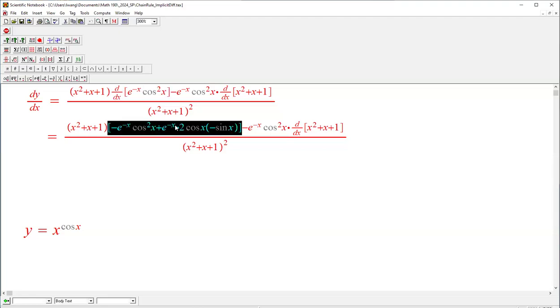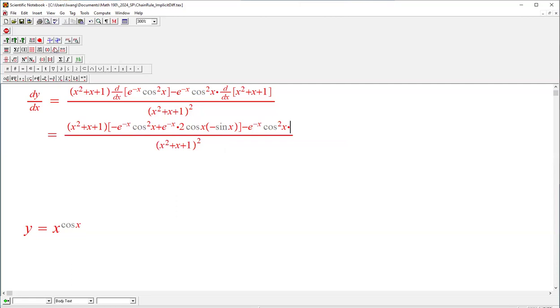These two are the same. And differentiating x squared plus x plus 1, which is this piece, is going to give us 2x plus 1. All right, so that's the consequence of differentiating by quotient rule.